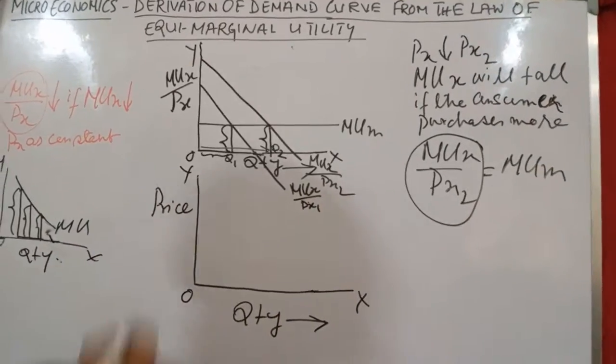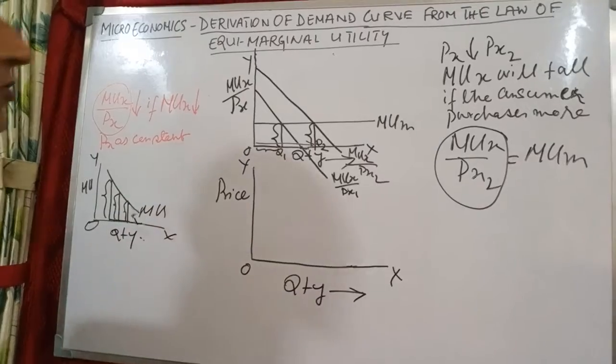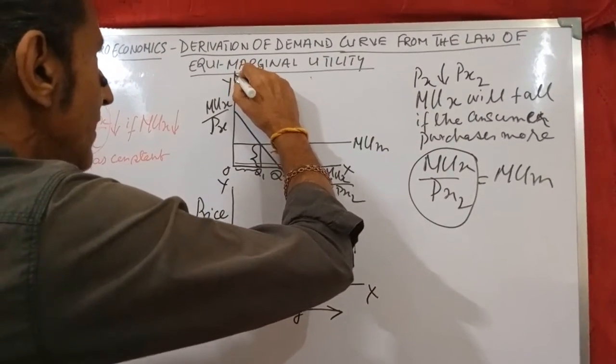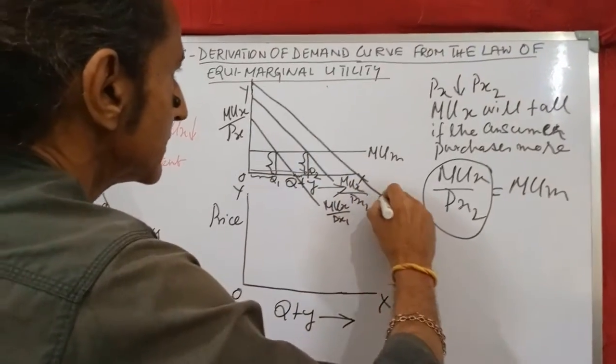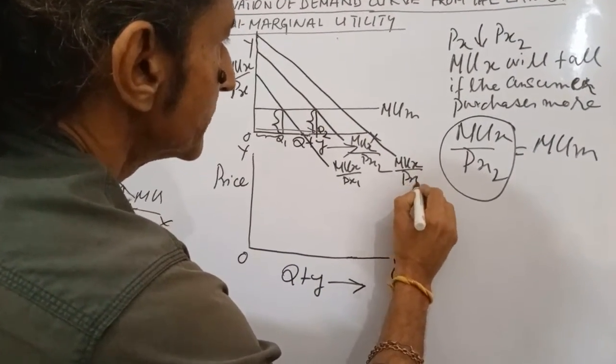Again, suppose price of x falls to Px3, from Px2 to Px3. As a result, the new MUx by Px line will be this one. That is, this will be the MUx by Px3 line.